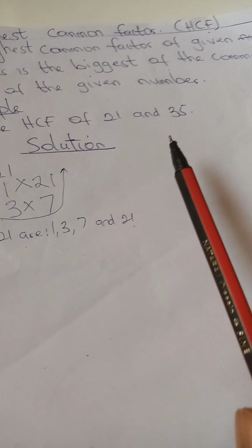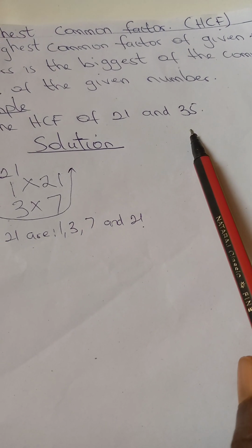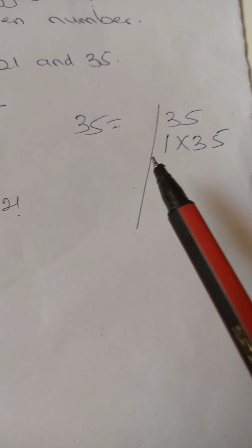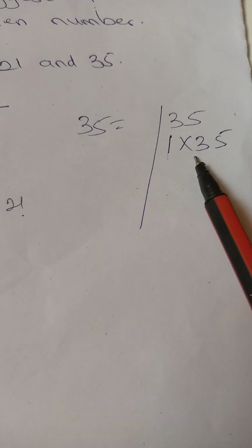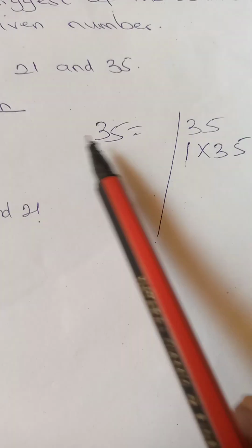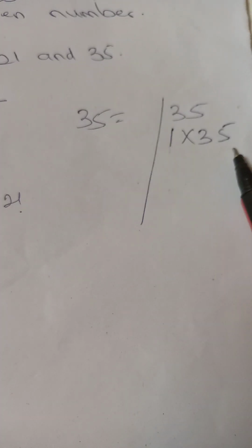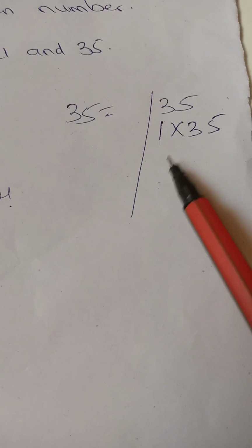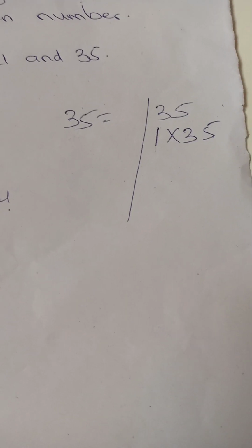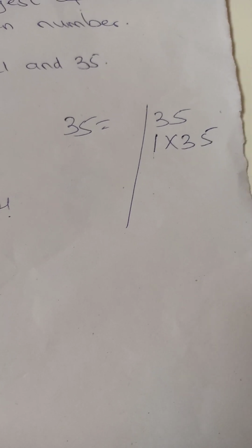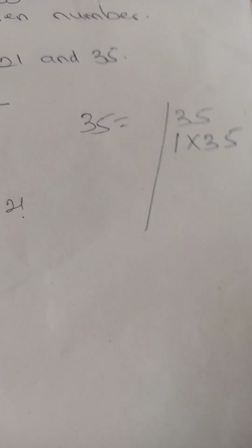So I'll proceed to look for the factors of 35 using the same method. Here, the first thing to remember is that 1 is a factor of any given number, and the given number here is 35, meaning 1 can divide through any given number. So I've tried 1, I'll move to the next number to check if it can divide 35, and the next number to check now is 2.